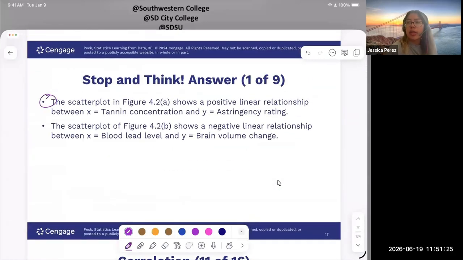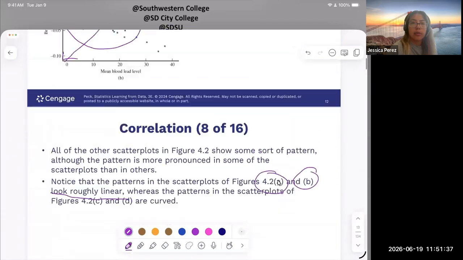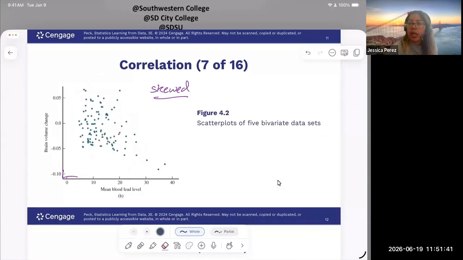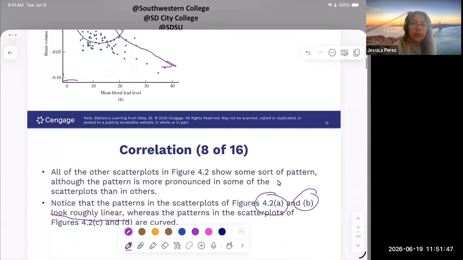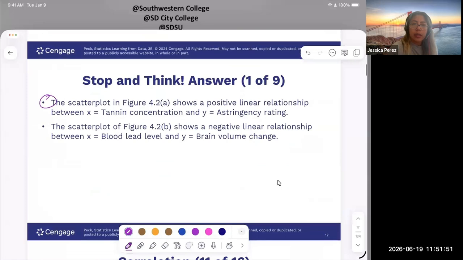The scatter plot 4.2b shows a negative linear correlation. That would be the last one here because I start high and then I go low. See how all the points become negative as my x value increases.